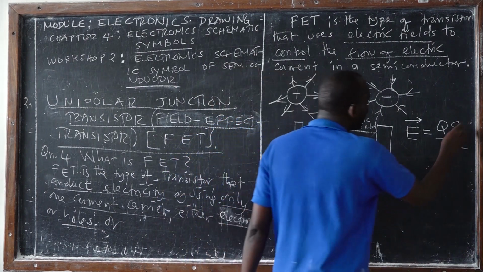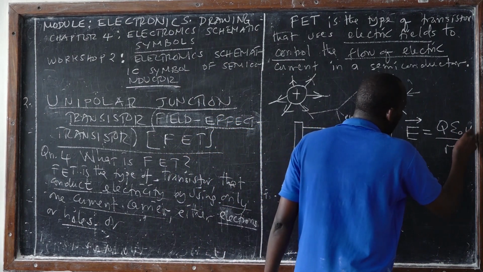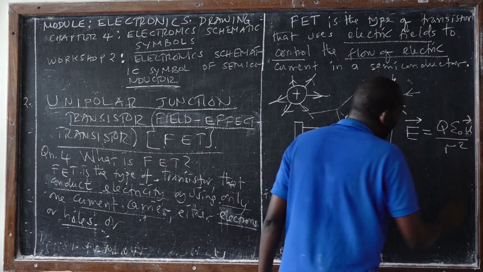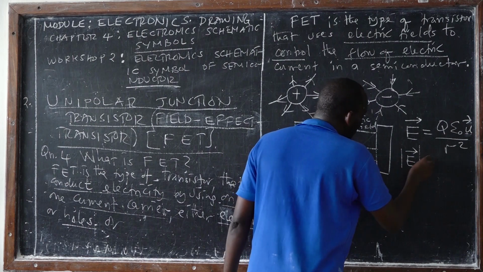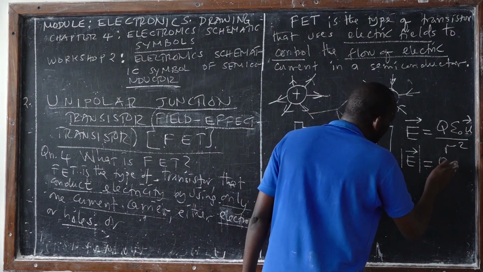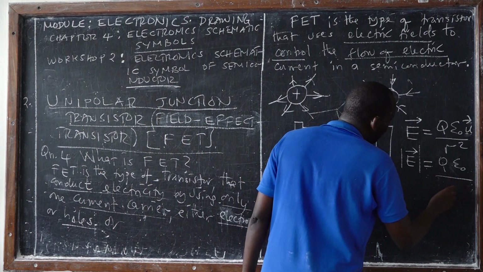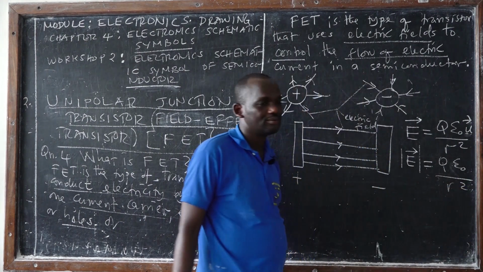But this is not a vector quantity, so you can have a unit vector to indicate the vector quantity. If you want to find the magnitude of electric field, this is equal to the quantity of charge times the permittivity of free space over the square of the distance.